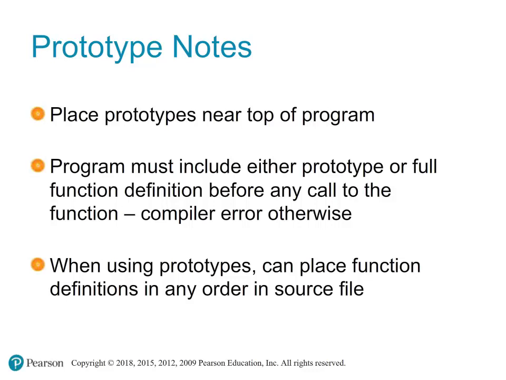Always include function prototypes near the top of your program for better readability and organization. Ensure that a prototype or full definition exists for every function you call to avoid compiler errors. The use of a prototype allows you to define functions in any order in your source file, offering greater flexibility in code organization.